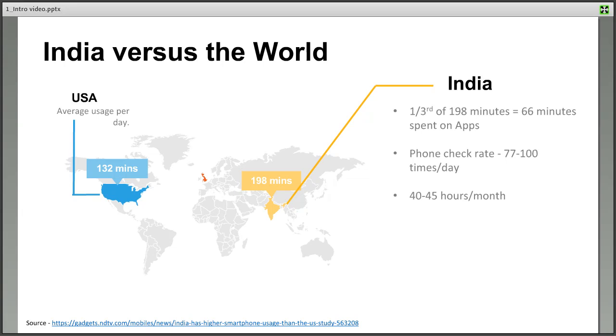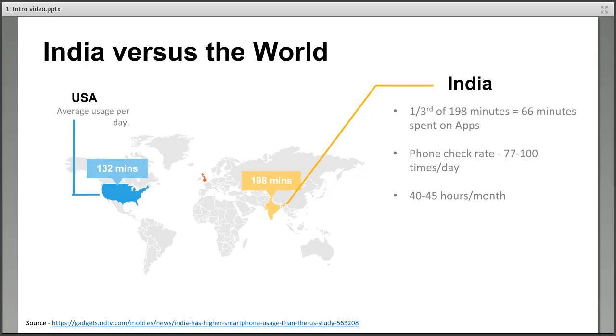Comparatively, in India, it is way higher at 198 minutes a day. This means that on an average an Indian spends about 200 minutes in a day on the internet, which also means that the largest exposure for any consumer in India today is going to be digital exposure.